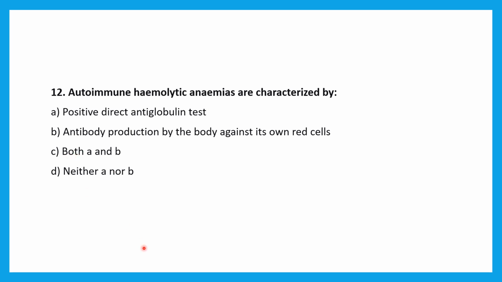So we are saying that there is a positive antiglobulin test in autoimmune hemolytic anemias, and also there is antibody production, the autoantibodies by the body against its own red cells. All right.